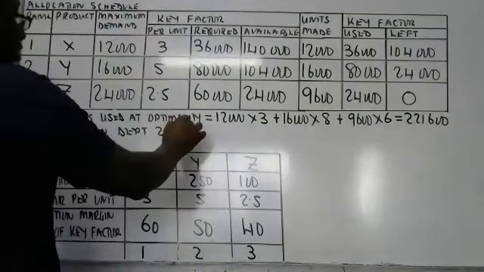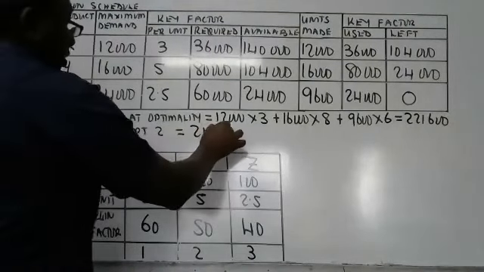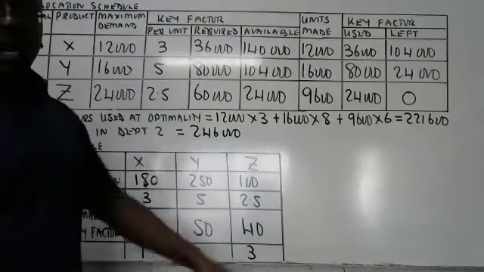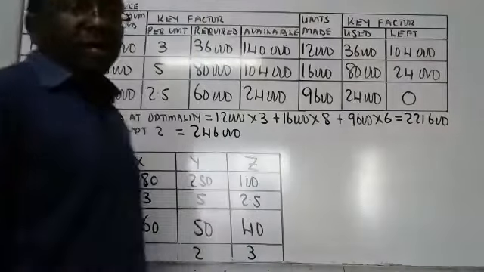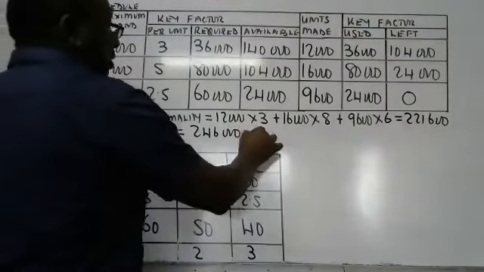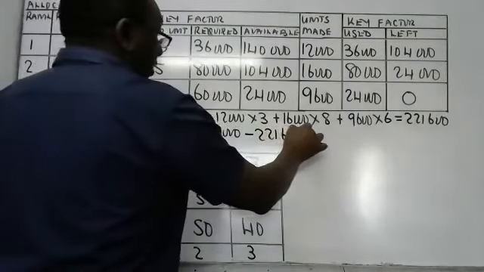Okay, so these 246 hours will be available, but you can see we are only using this. So subtract 221,600.